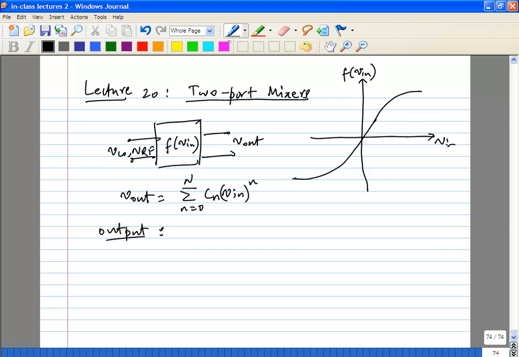We have looked at something like this many times before, right? Your output will have DC terms, it will have your harmonic terms, and it will have mixing terms, that is intermodulation terms. Let's look at each one and try to arrive at the desired output, and we'll see what it gives us.